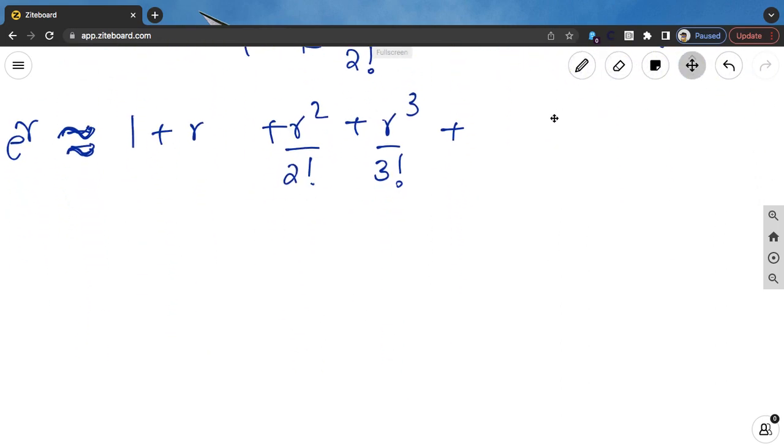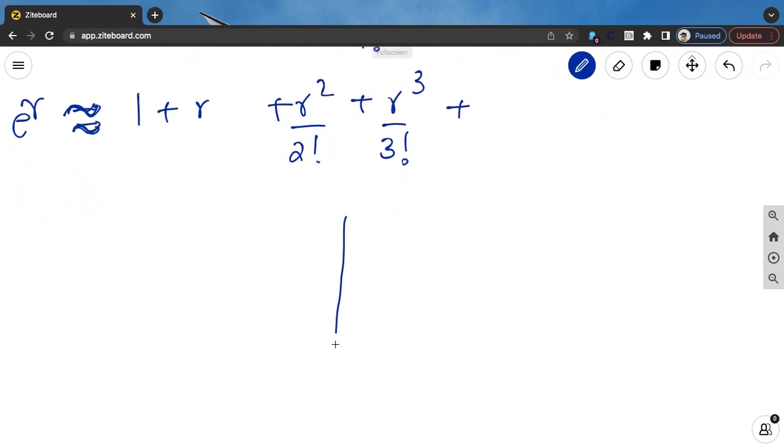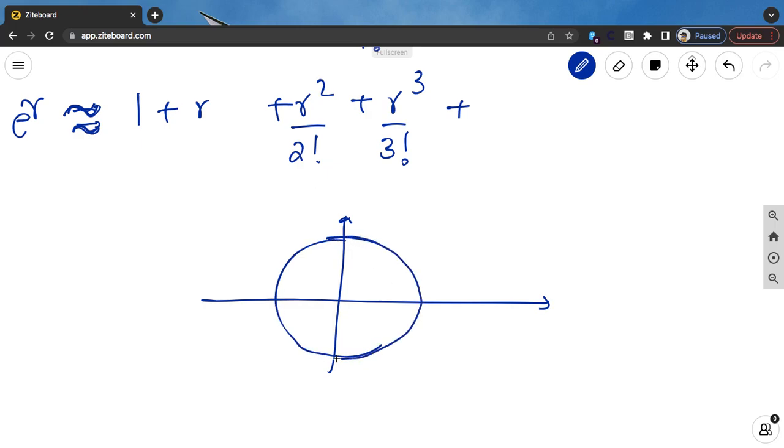Similarly, if I think of a complex number, any number is cos theta plus i sin theta.